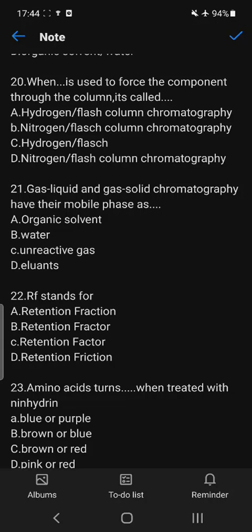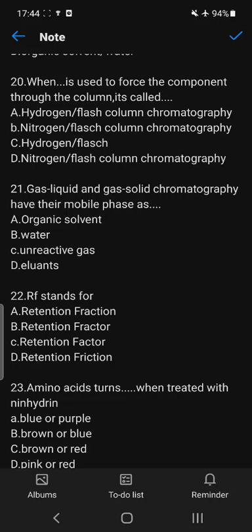Please, in gas liquid chromatography, the stationary phase is a non-volatile liquid. Are you listening to this? But in gas solid chromatography, the inert solid itself is the stationary phase.